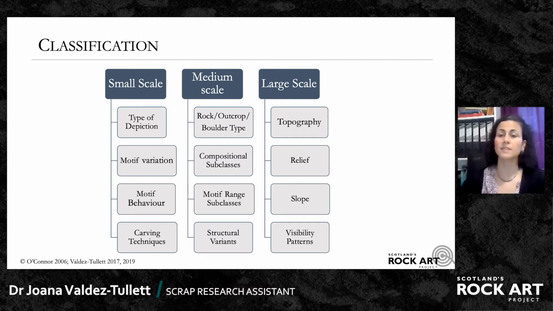But what happens is that a lot of these variables, namely, for instance, visibility, were used uncritically in many studies and just taken for granted as considered to be a relevant criteria for the location of rock art. And what we want to do is deconstruct some of these variables and assess whether they were actually relevant or not for the landscape location.